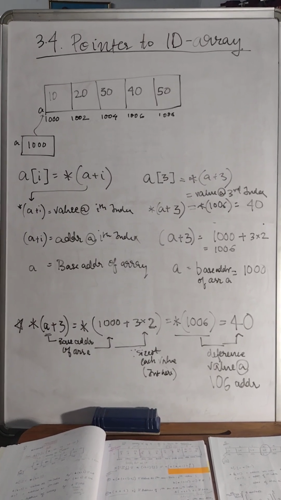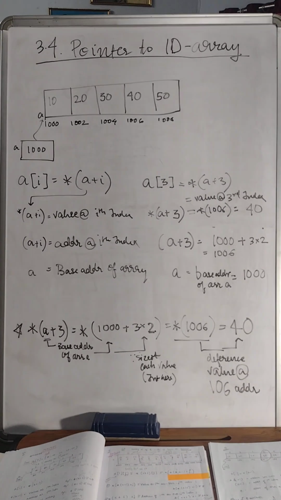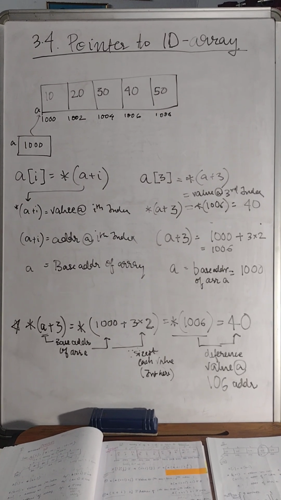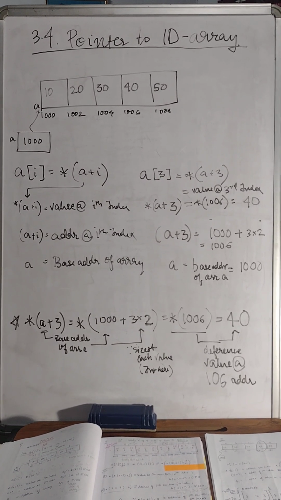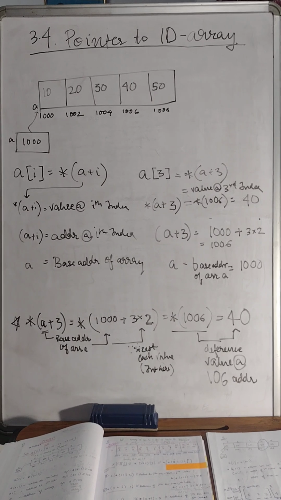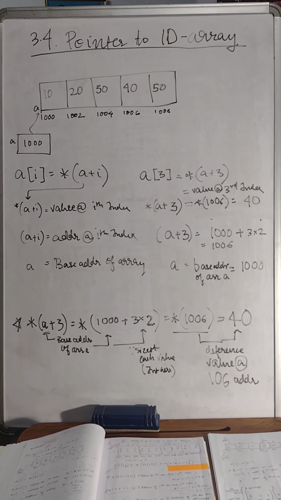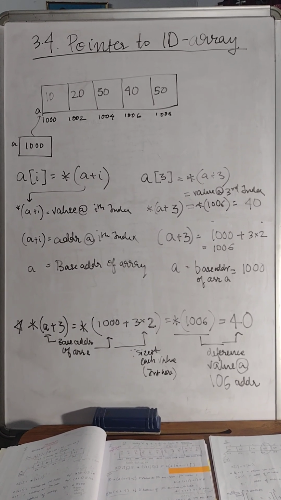Since we are talking about integers over here, whenever we are doing any arithmetic operation, we will have to multiply by the size of each integer in the array.